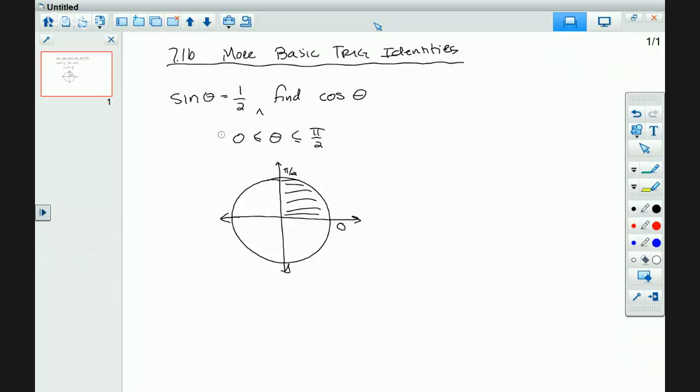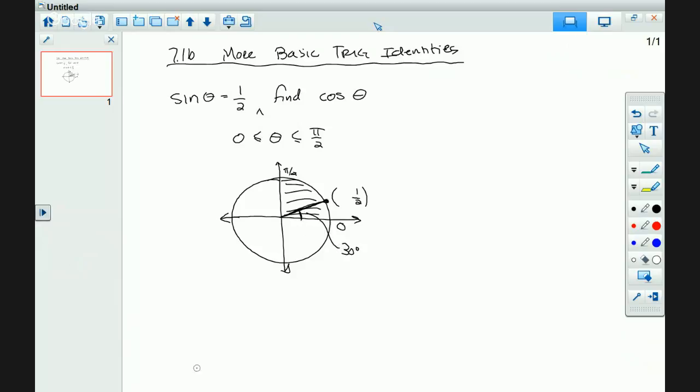Where is sine 1/2? Which angle measures that? See how sine is the y value? It's short, right? This is my geometry mind. Short is 1/2. What angle measures this? 30? Yeah.